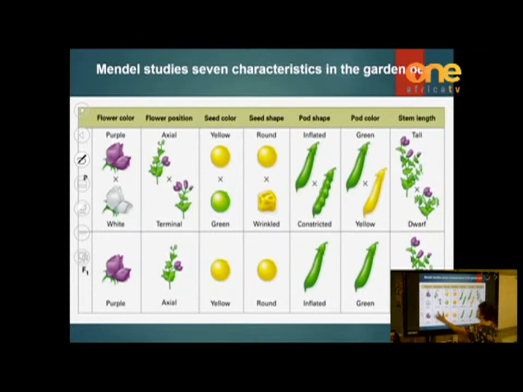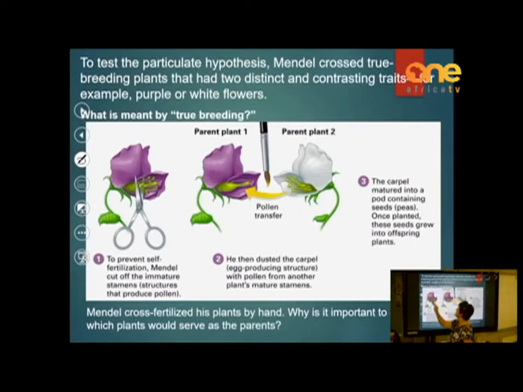He used color of the flower, position of the flower, seed color, seed shape, pod color, stem length, all different features that he used. And it was very important to prevent self-fertilization.